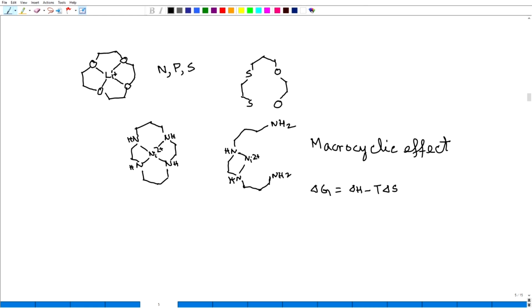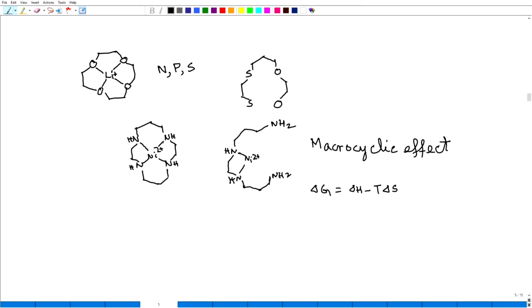How do you recover nickel 2 plus here? You have to cut. Suppose I cut this somehow, but then this amine cannot run away because this macrocycle is already there. So, immediately it will bind, it will bind like this. So, how can I get the nickel out?